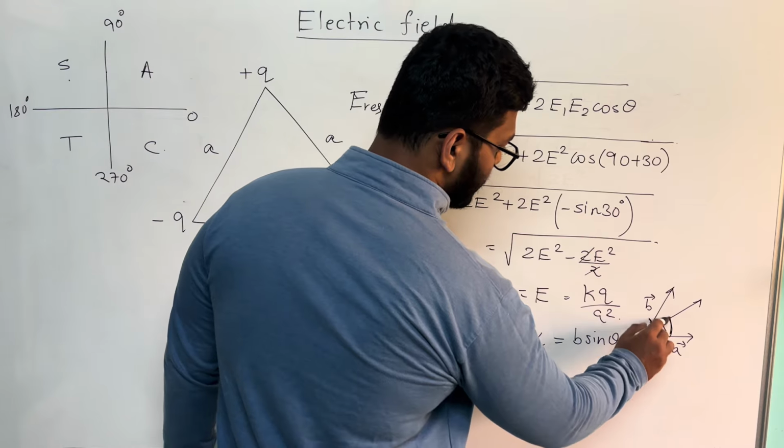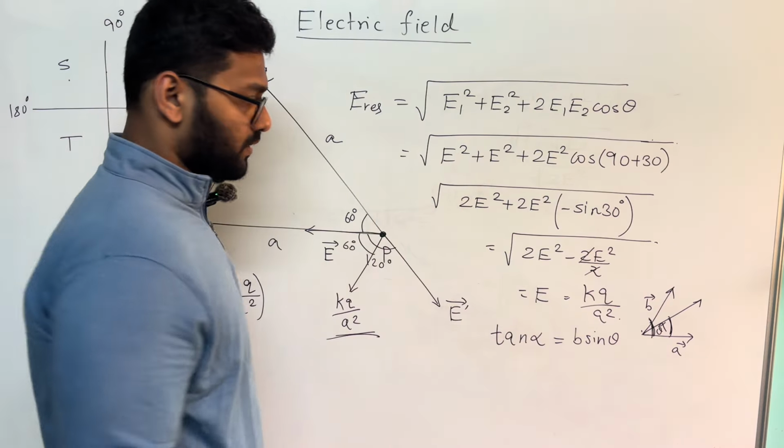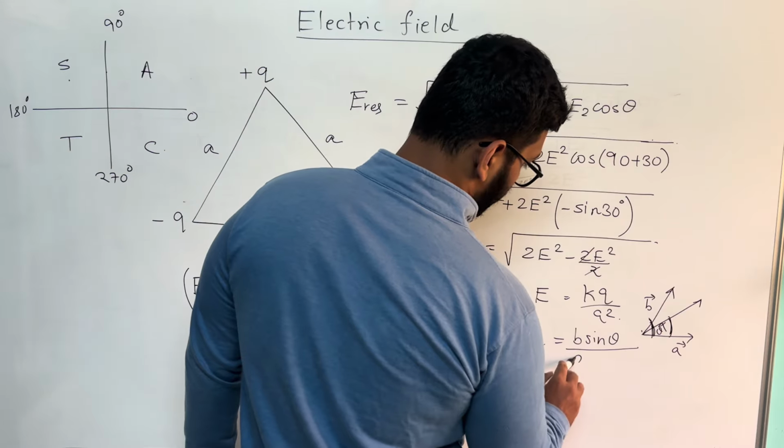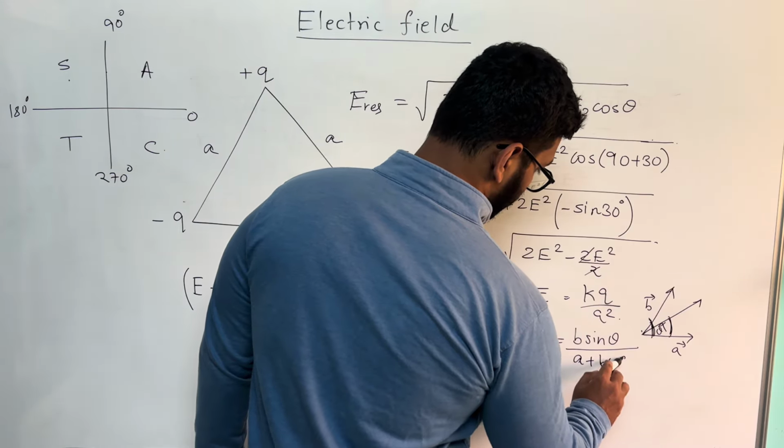The resultant makes angle alpha with A bar. Then tan alpha is equal to B sine theta upon A plus B cos theta, right?